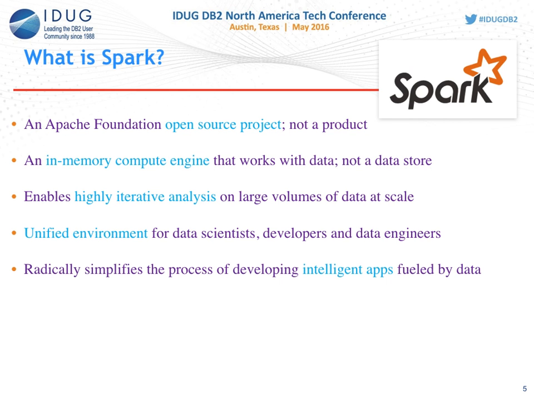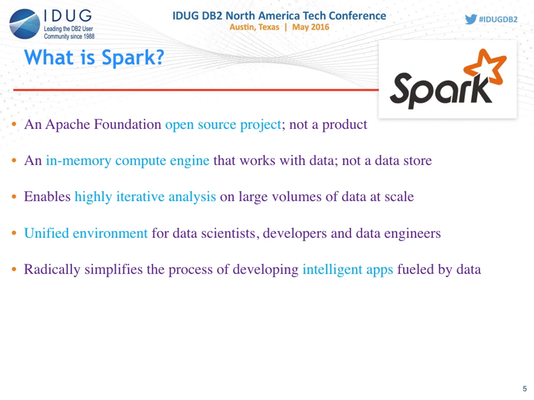It enables highly iterative analysis for a large volume of data processing. In the past, you had to write complicated code yourself for the application to understand what you really want to achieve. But right now, Spark has its internal iterative programming system that can help you simplify your coding. So it looks much more straightforward now. It provides a unified environment.